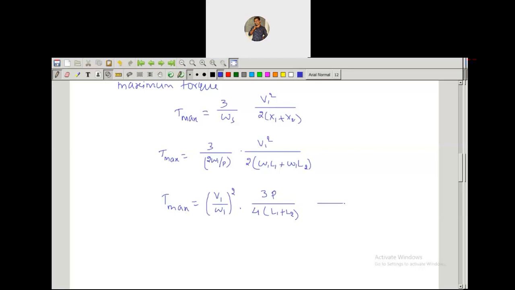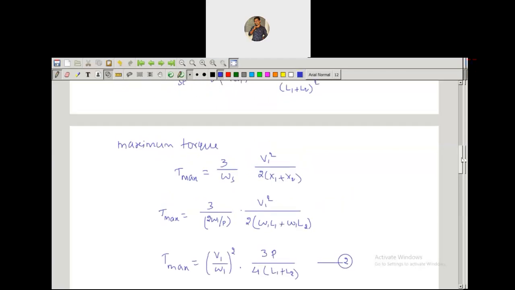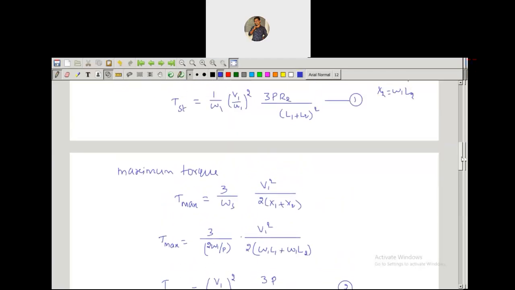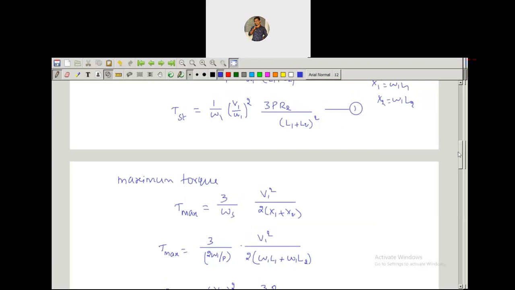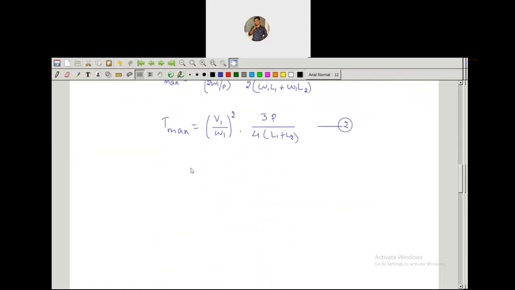Just observe these two equations, equation number 1 and equation number 2, the starting torque equation and the maximum torque equation. From equation number 1 and equation number 2, I can draw the speed torque characteristics of a 3-phase induction motor.